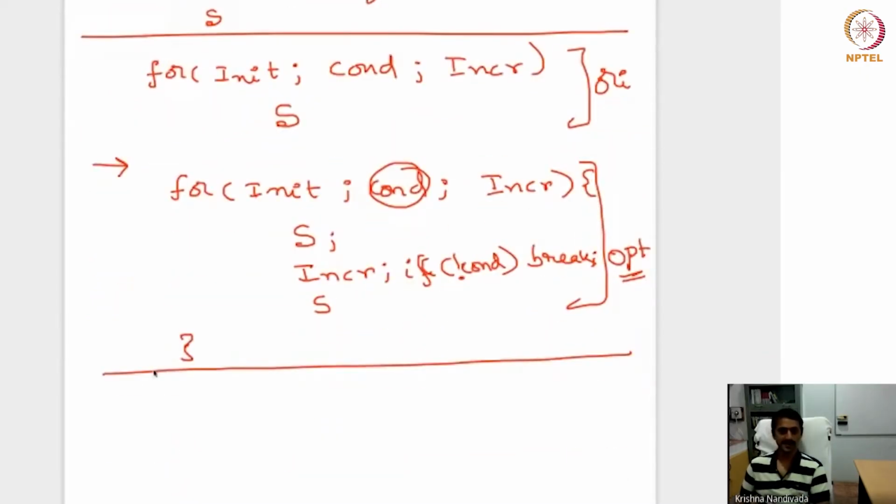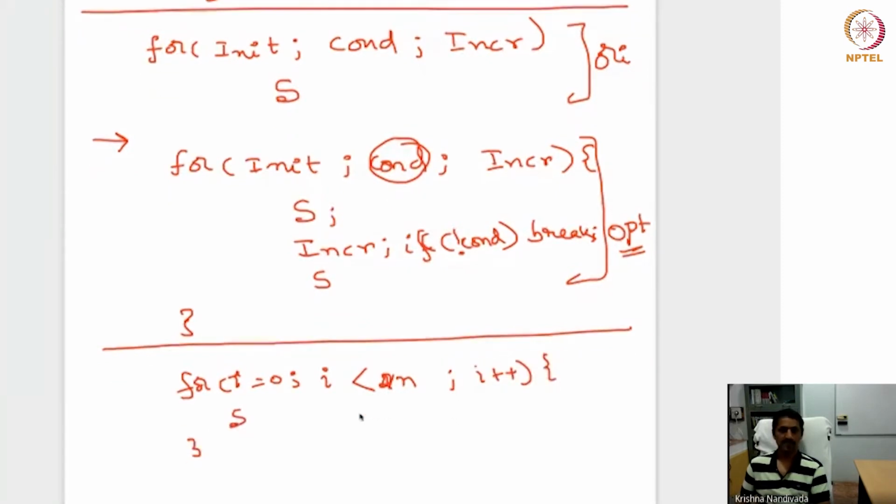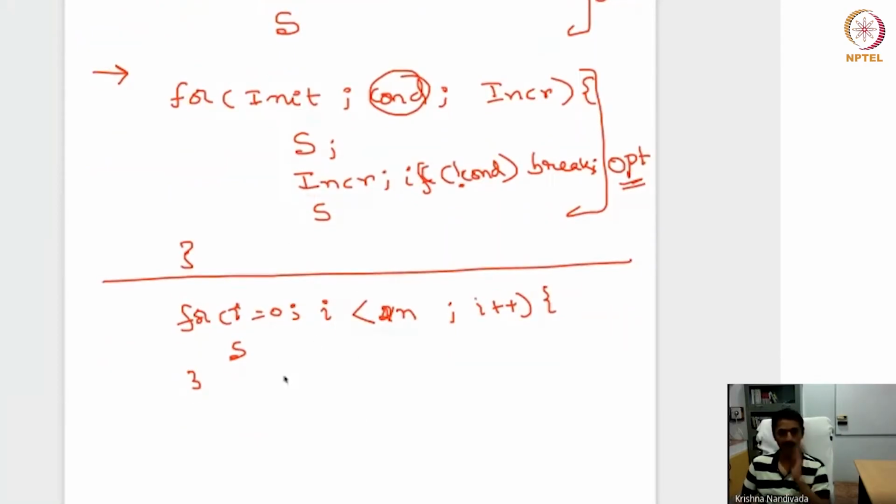Let us say my code is like this. It's a for loop, I less than n, I plus plus. I want to, like before, unroll this loop body by one so that I'll have two bodies of S. So what I will do is the following.